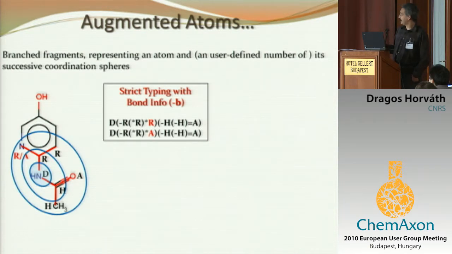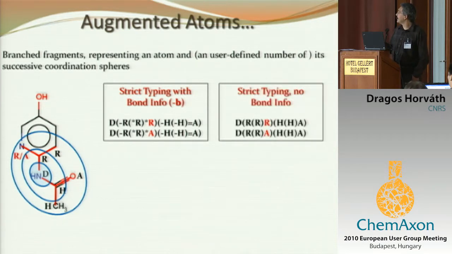In this case, you would say this is a donor. Its first shell includes an aromatic and a hydrophobe, which aromatic is bound to 2 other aromatics, and which hydrophobe is bound to a hydrophobe and an acceptor. And because this has a double type, you will have two augmented atoms matching this fragment.